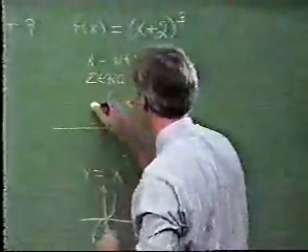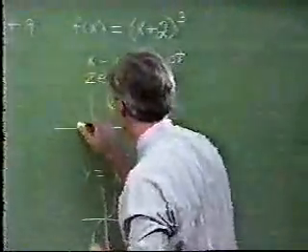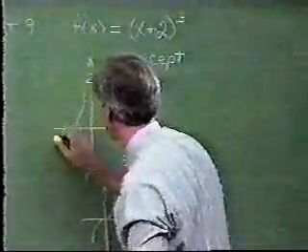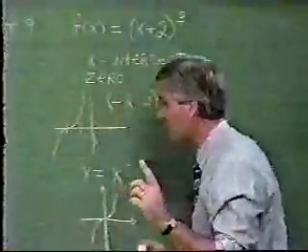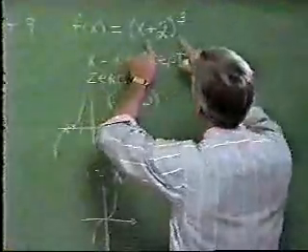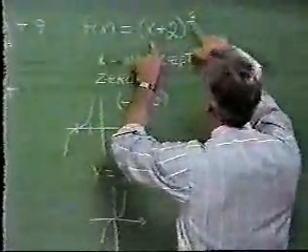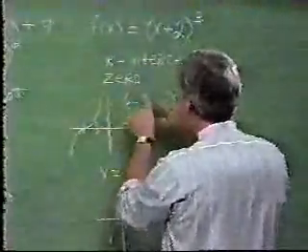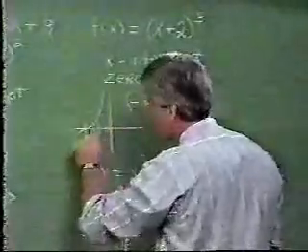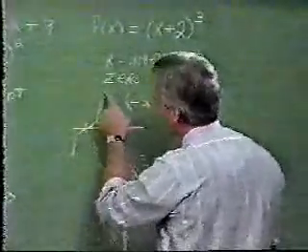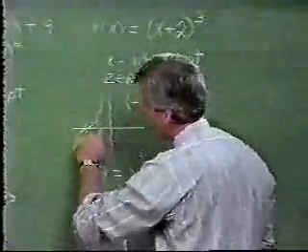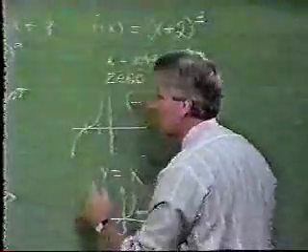It looks something like this on the coordinate system. Now, the point of this discussion is that if we have a factor that's cubed, then the behavior of the graph through that x-intercept will be more like this cube function idea, where it comes down and it gets relatively flat in this region of the x-intercept, and then it goes back out.